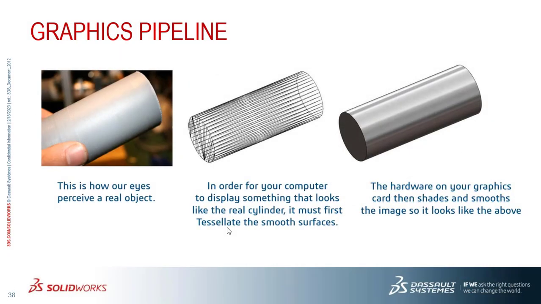So in the graphics card stage, I am highlighting the filled triangles. What does the graphics card do? In the slides, on the extreme left is the realistic image of the shaft that we built in the software. It looks like this. What the software and computer understand is the middle view.